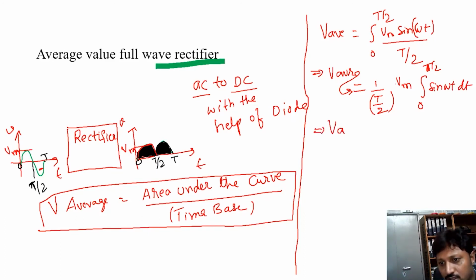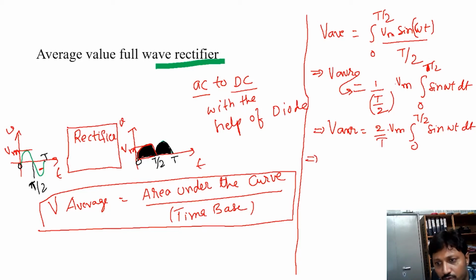So V average is equal to 2 by T into Vm, into the integral of sine omega t dt.